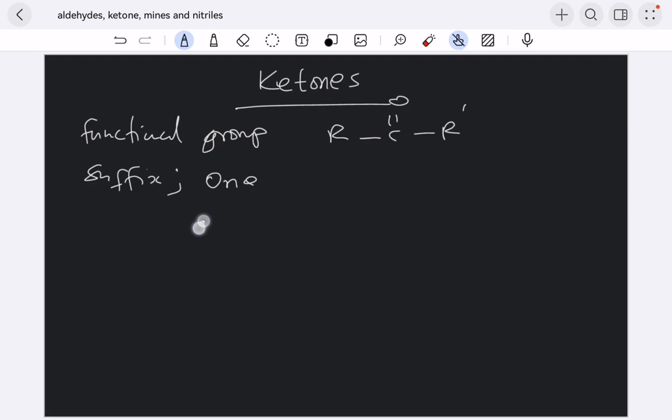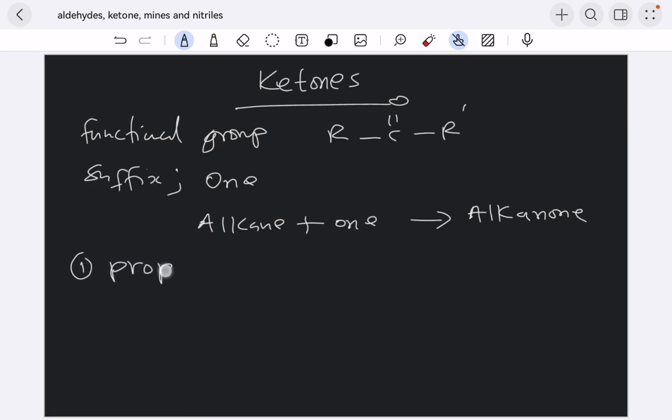So it's an alkane plus -one, which gives us an alkanone. So for example, we have what we call propanone. We have what we call butanone.